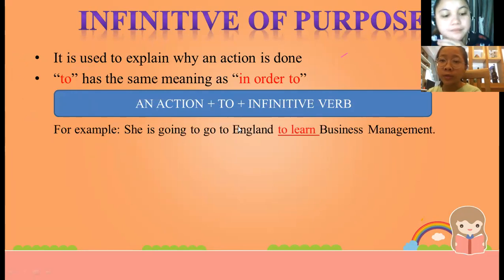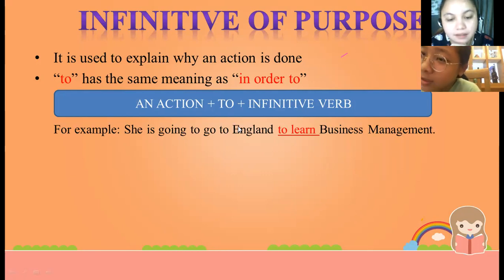She is going to go to England to learn business management. So infinitive of purpose means this is why the action is being done.